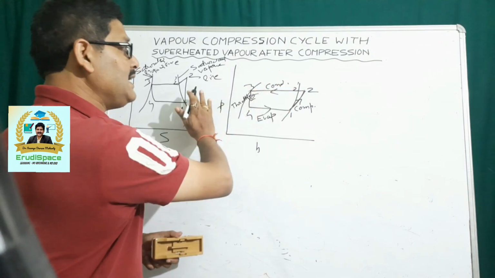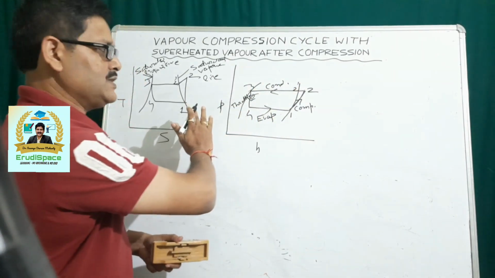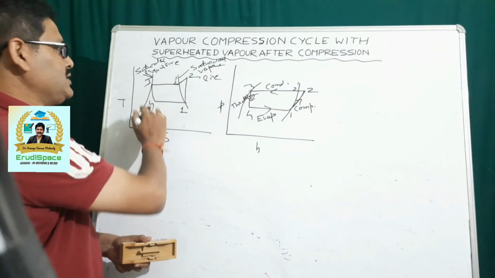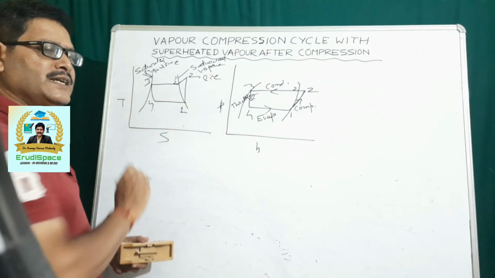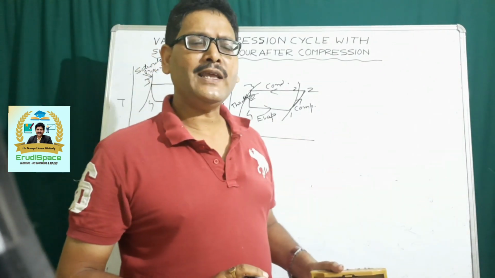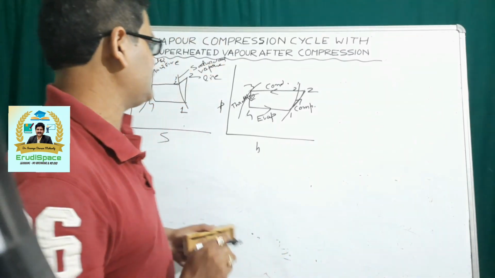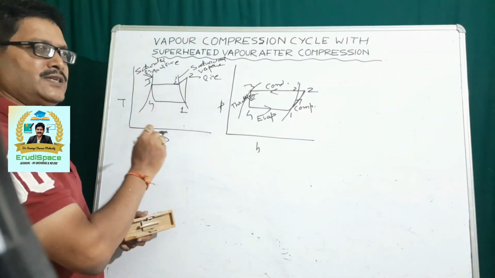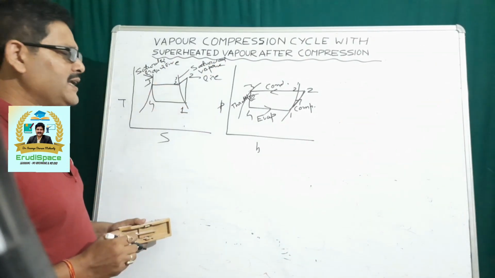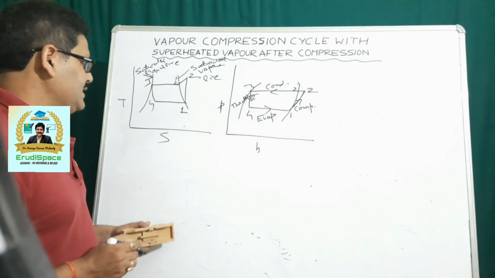It is definitely an isobaric process, but not an isothermal process. From 2 dash to 3 it is isobaric as well as isothermal, but not from 2 to 2 dash. Here it is only an isobaric process.